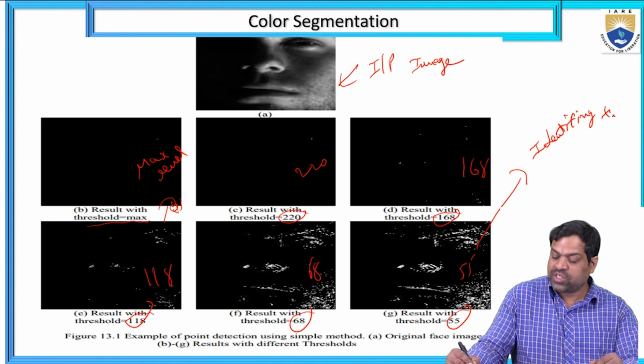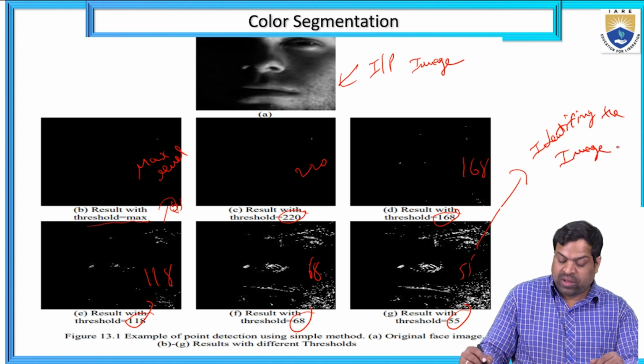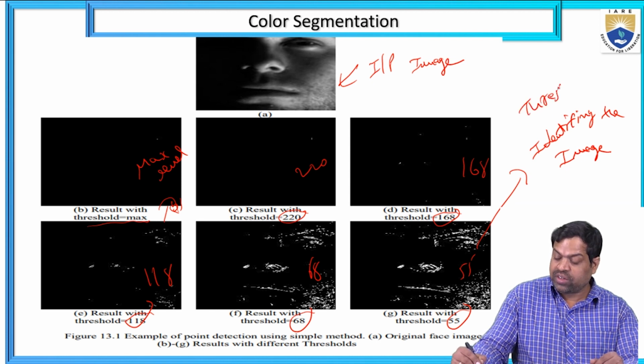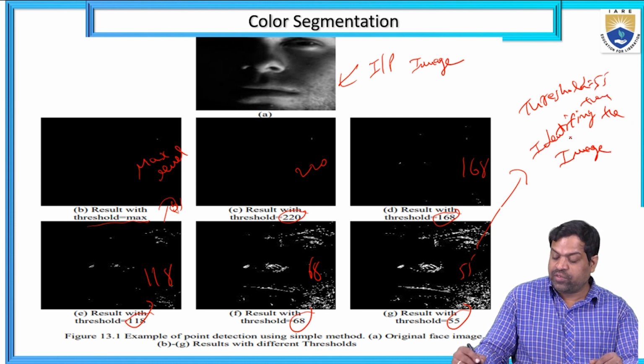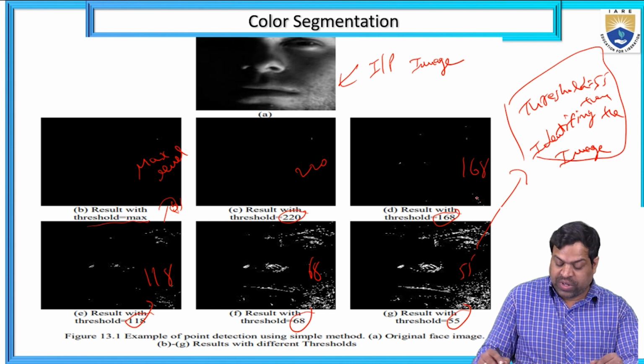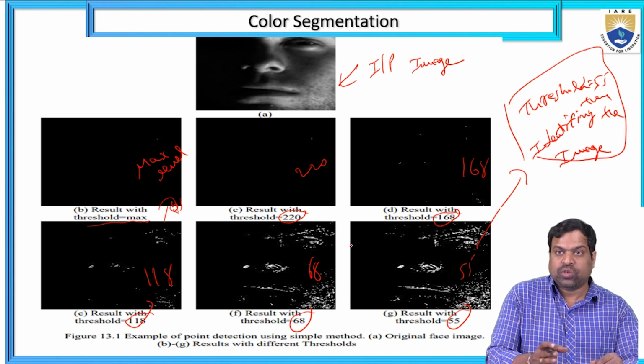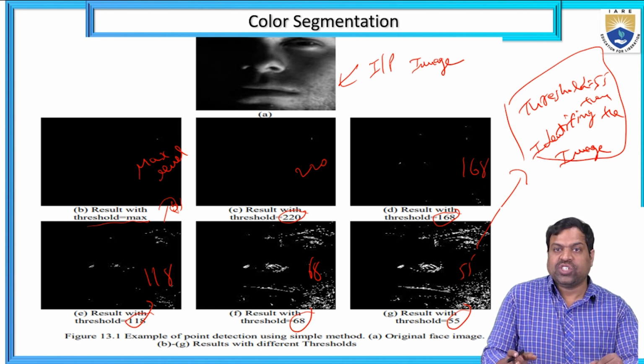So when I go for 55, the image is identified. So when I go from the maximum level 220 to 168, 118, 68, and when I go to 55, then I'm using that threshold level.